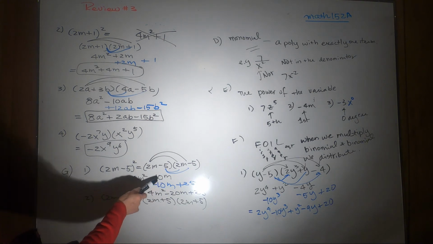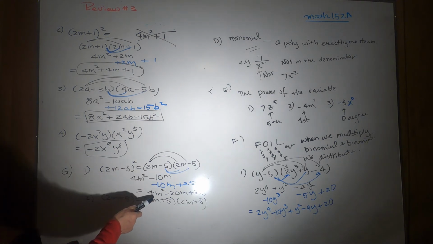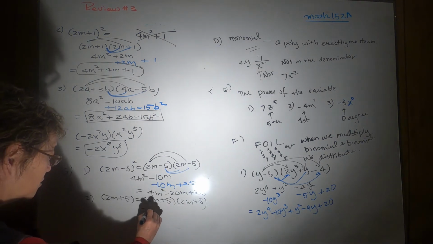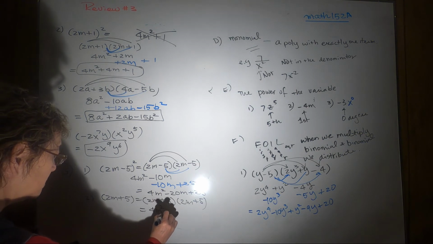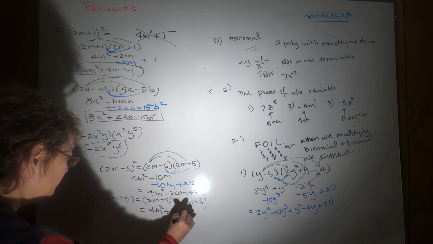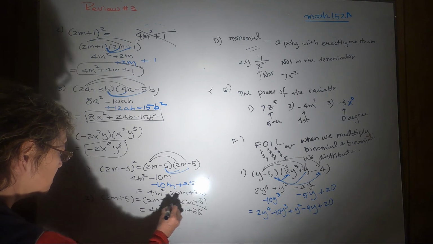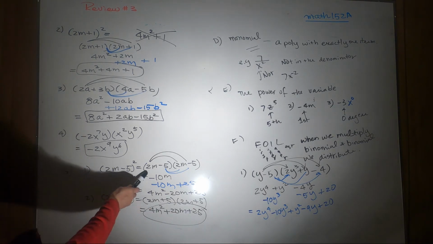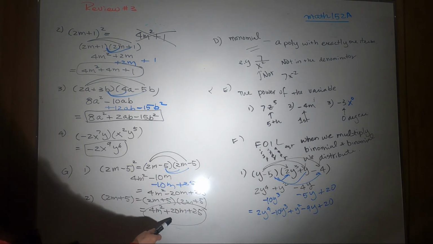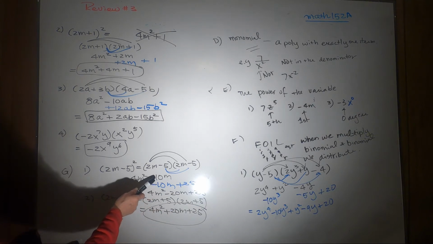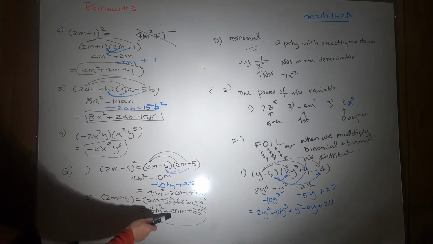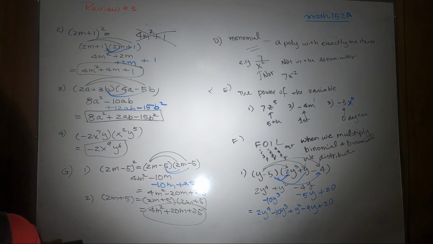All the same except that the middle part is a plus, so you distribute out, you should have what? 4m squared plus 20m plus 25. Make sure you do it yourself just like this, then the result should be, instead of minus minus, you should have plus plus, end up is what? Plus 20m, right?